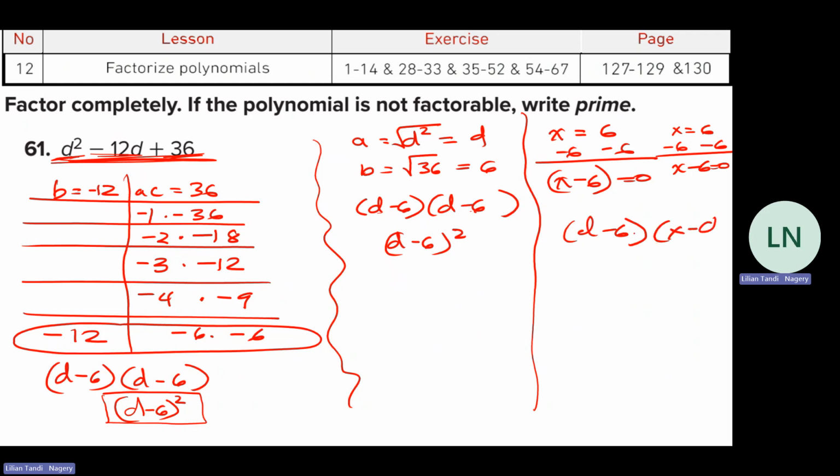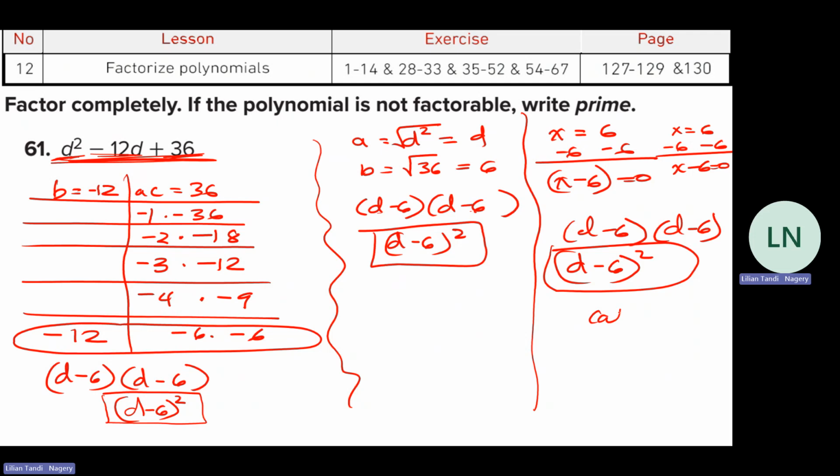Actually, it's supposed to be d. So d minus 6, d minus 6. Excuse me. So this is d minus 6 squared. So I have shown you 3 different ways of doing the same thing. Here you're using the calculator.